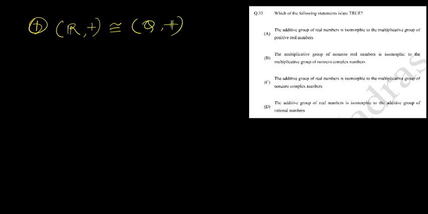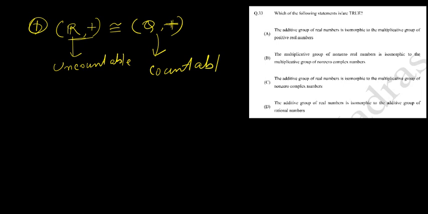These two groups are never isomorphic because R under plus is an uncountable group; in this group there are uncountably many elements. The cardinal number of this group is uncountable, and the cardinal number of Q, the rational numbers, is countable, because Q is a countable set.